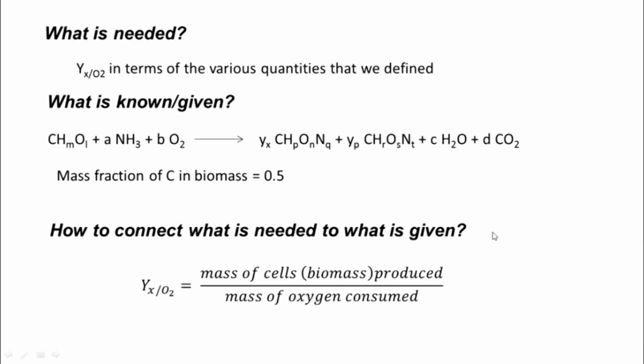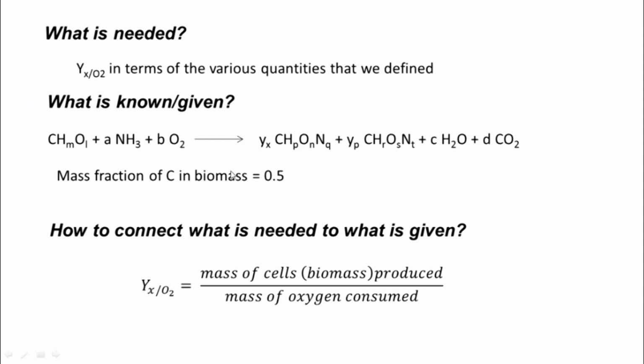Let us see this stoichiometric equation again. This is our biomass here. YX is the stoichiometric coefficient and C has a subscript of 1, right? This has been properly normalized for a mole of C and YX moles are formed.